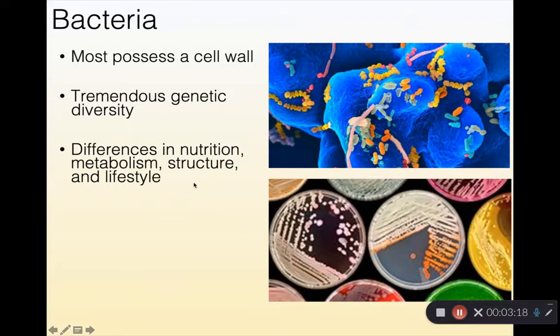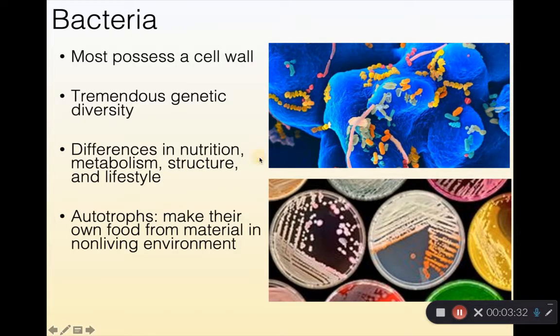Now, in bacteria there can be a lot of differences in nutrition, metabolism, lifestyle, and structure. That, again, is what is ultimately going to differentiate bacteria into those different clades in the tree of life. There are a couple of different broad types of bacteria.